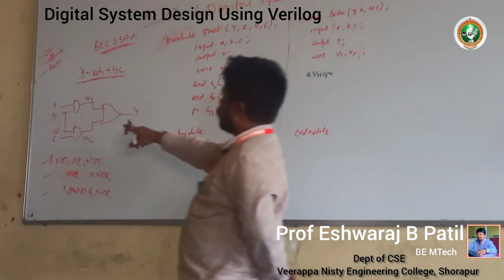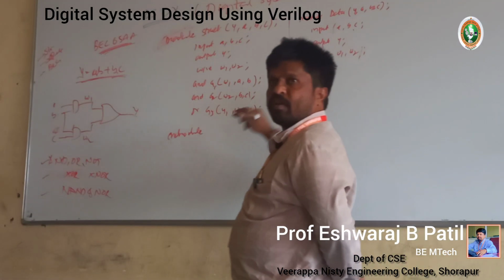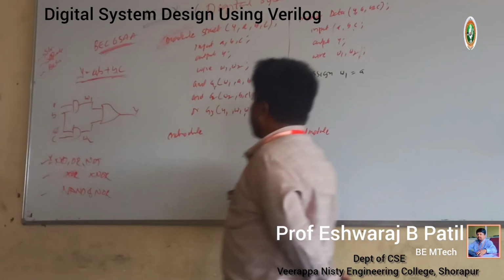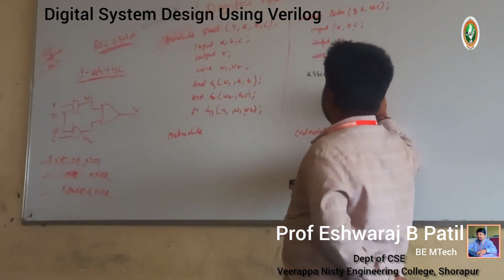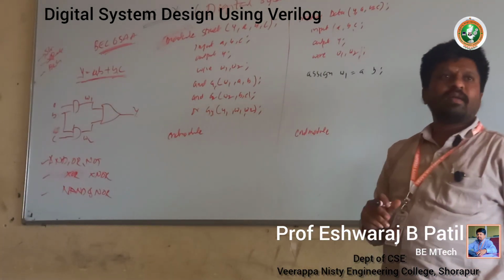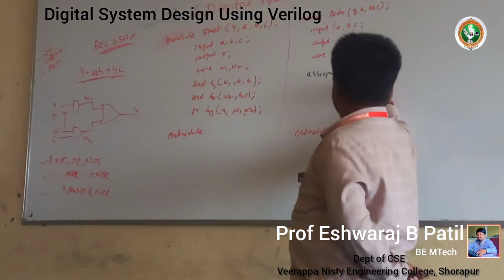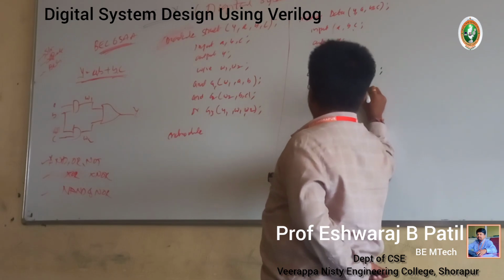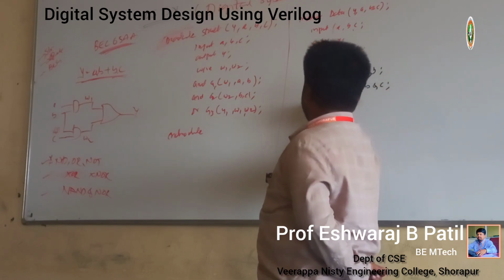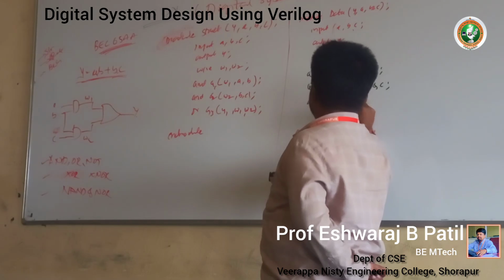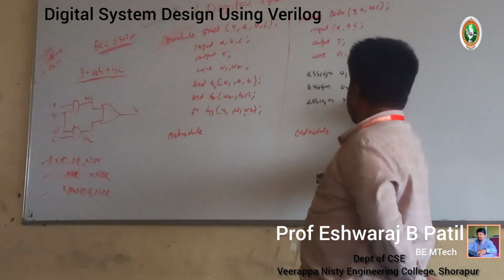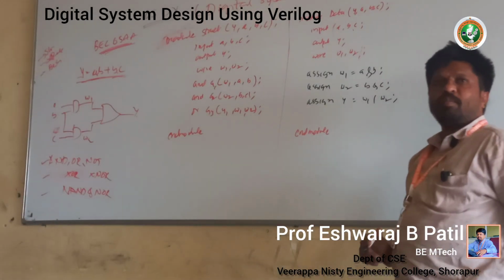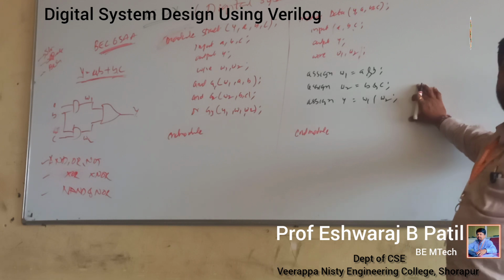The output of the first AND gate is W1: assign W1 equals A AND B, using the ampersand. Second, assign W2 equals B ampersand C, and third, assign Y equals W1 OR W2. This is how we write the program in the data flow model.